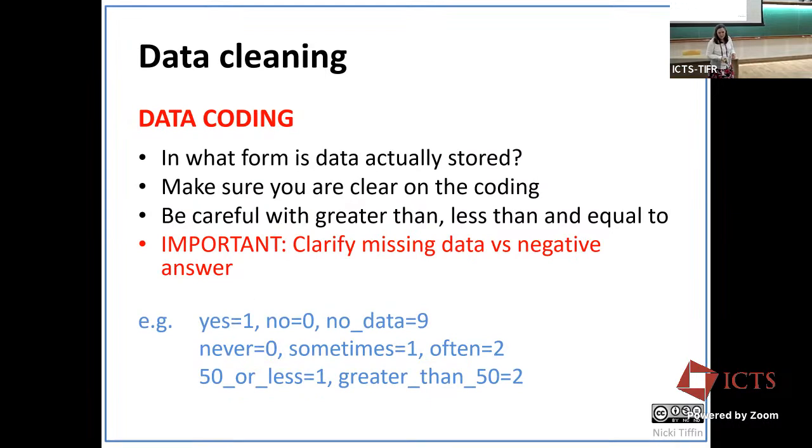So data coding is about in what form the data are actually stored. If you're going to do analysis of data and big data, you need to know what coding was used. And the other one that I see a lot of is greater than or less than, incorporated in a non-standardized way.